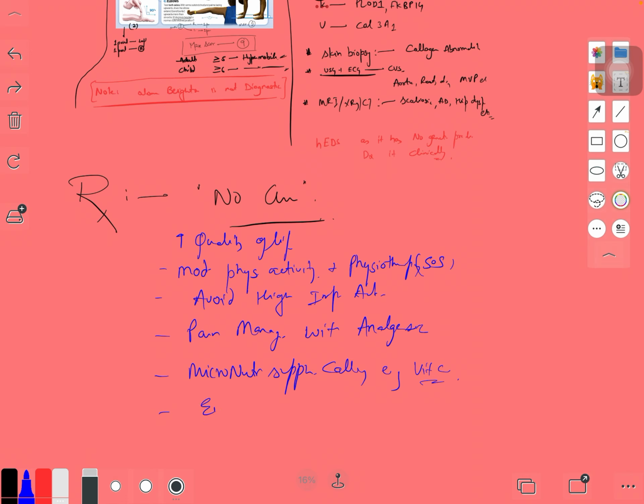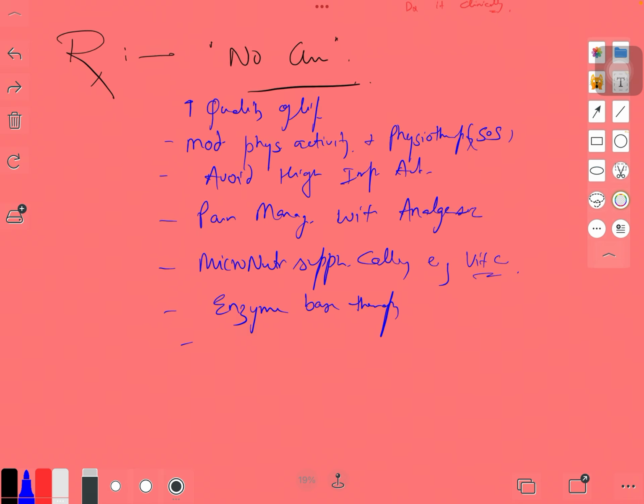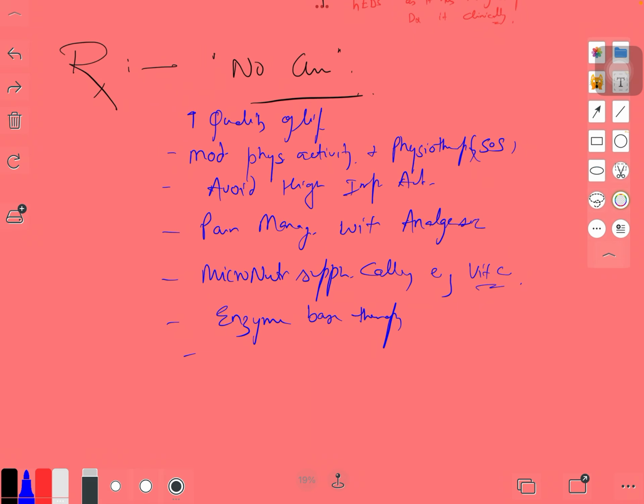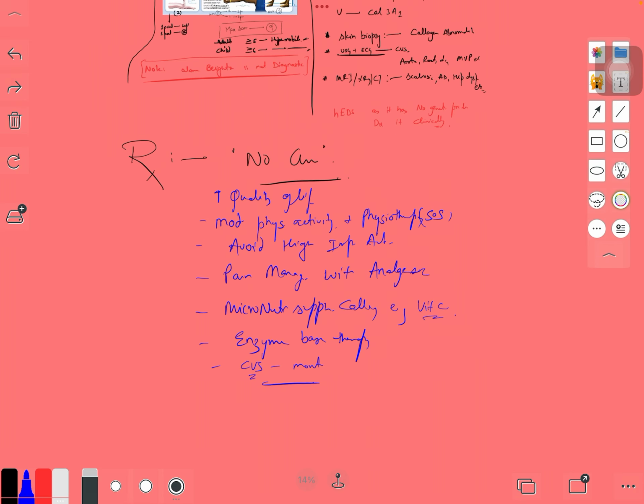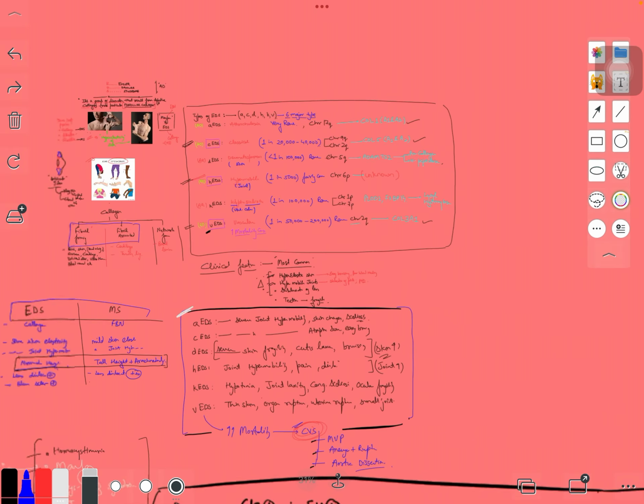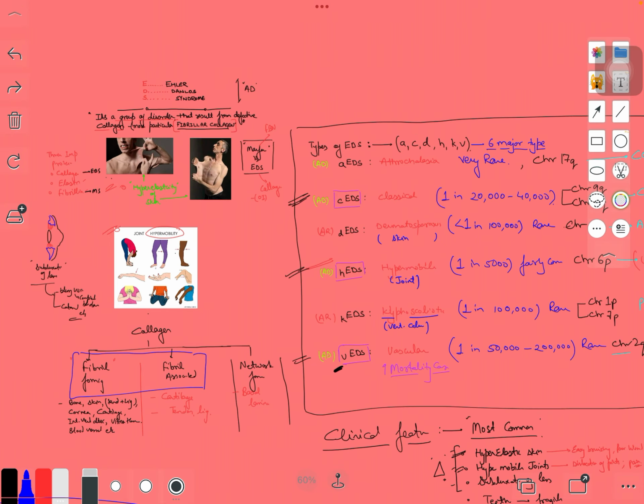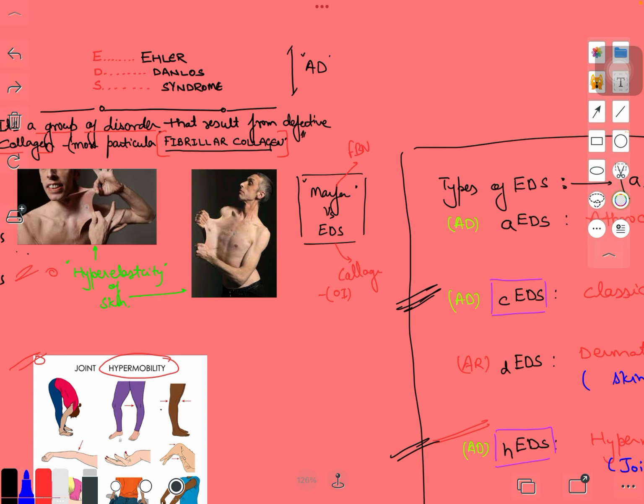Then enzyme based therapy, let's say N-peptidase or lysyl hydroxylase. You can do enzyme based therapies for that. And we can check the cardiovascular health by cardiovascular monitoring. Alright, so all these things were necessary for us to remember about the EDS. So yeah, this was all.